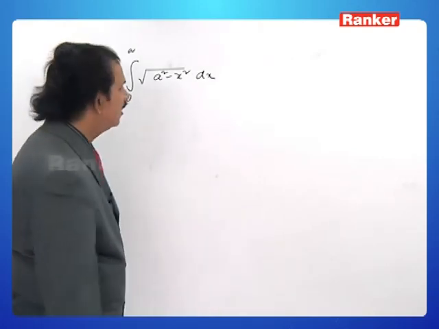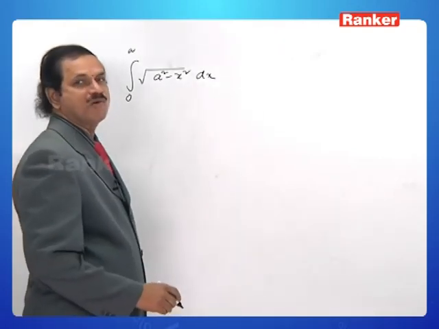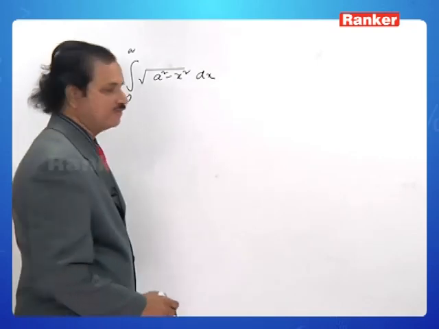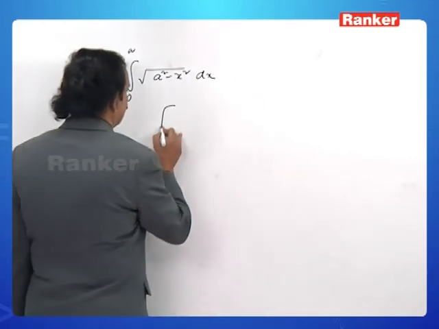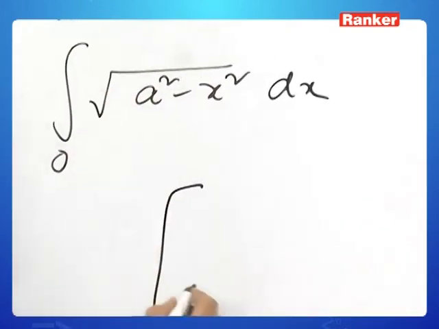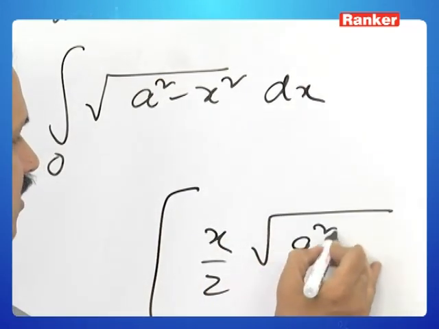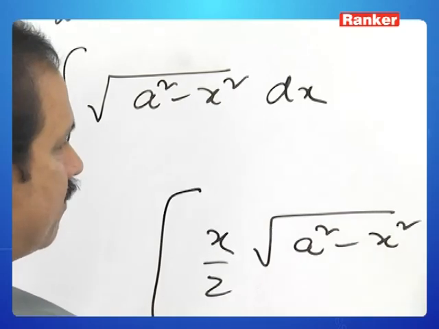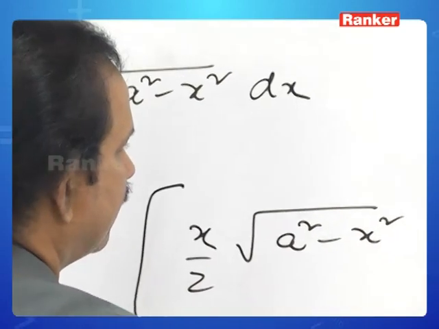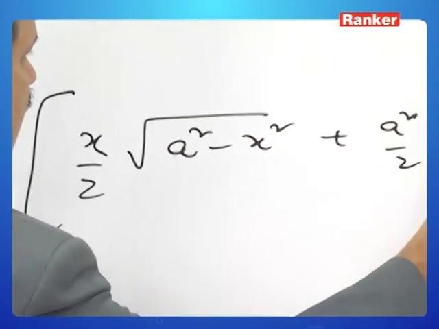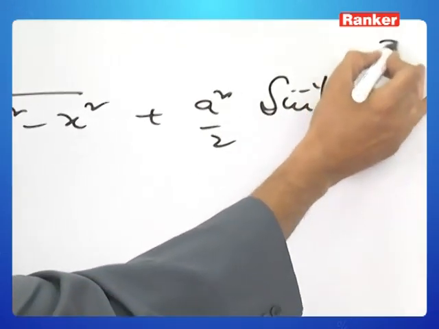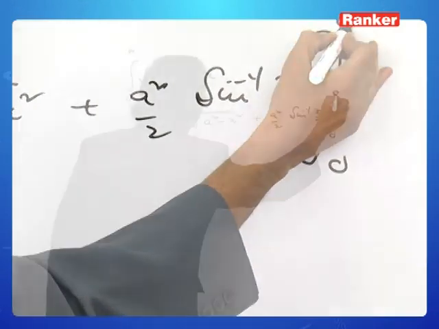Let us see. How can it be? As its proof is very simple, we observe it. Come on, what is the integral without the limits? x by 2 into root of a square minus x square plus a square by 2 into sine inverse x by a between the limits 0 to a.